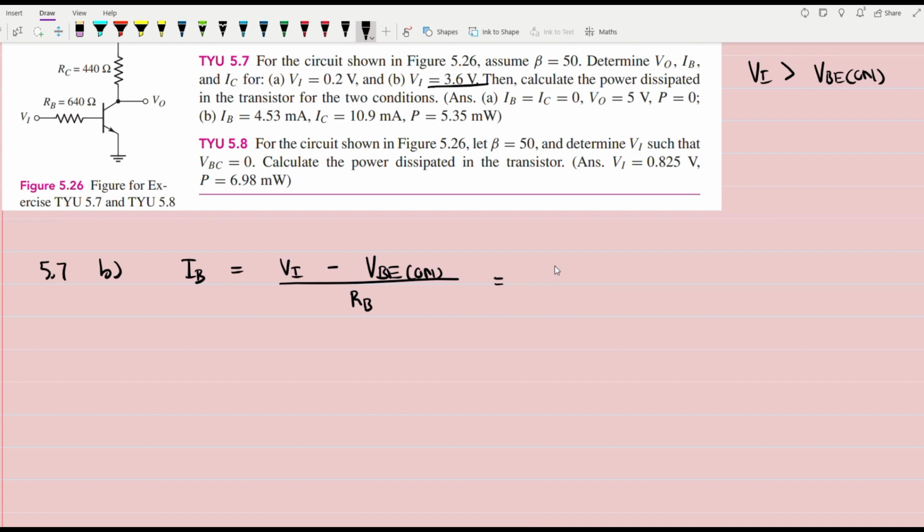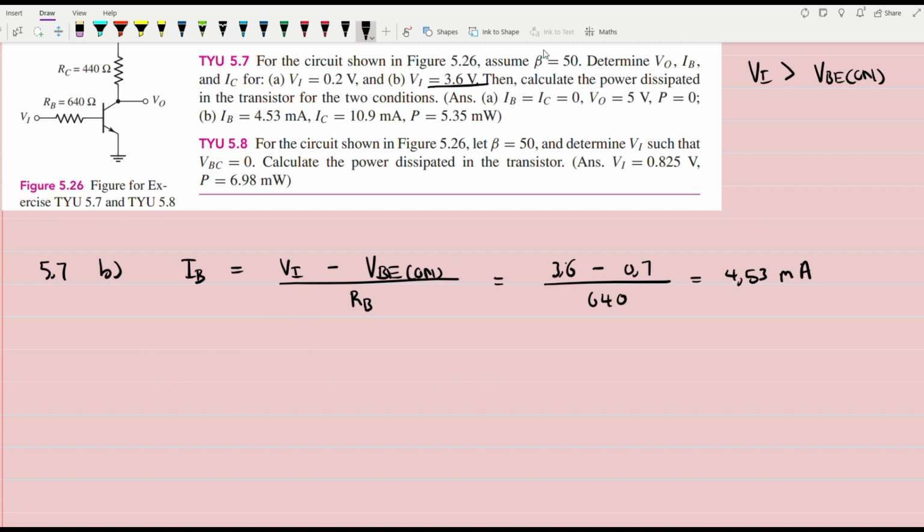We have 3.6 minus 0.7 divided by 640, and this gives us 4.53 milliamperes.